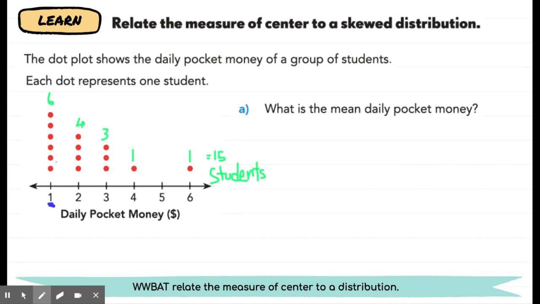Remember that this is not just 6, it's 6 people who earn $1 each. So if you write it out, it will be 1, 1, 1, 1, 1, 1, 6 times. However, we can conclude that 6 times 1 is 6.